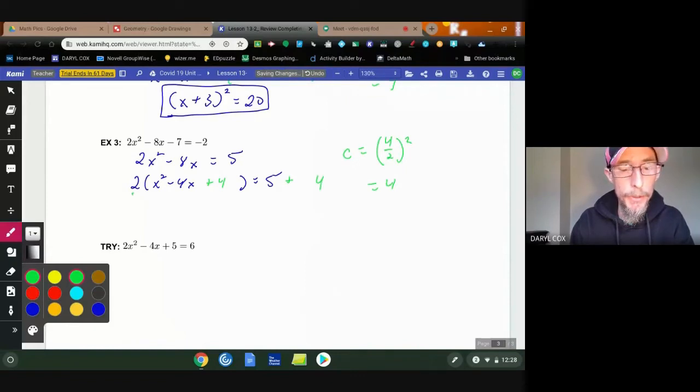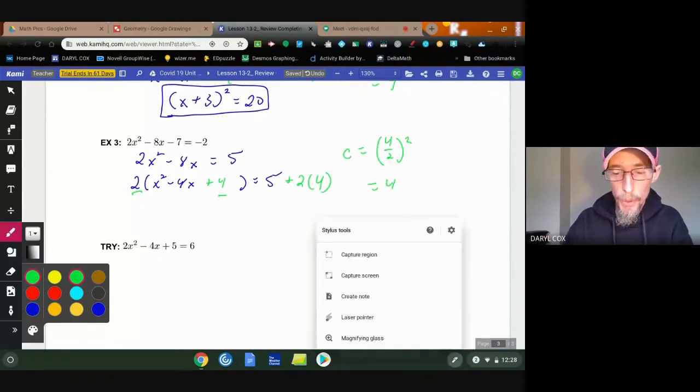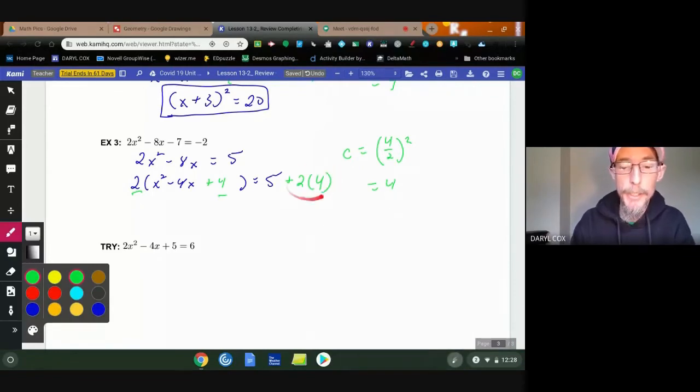I'm adding 2 times 4. Okay, so what I'm doing is when I add to this side, I'm adding this term times what we factored out. Because what I've really added in this is the 8. 2 times 4 is 8. So I've got to make sure I add that to the other side as well. That's why we're doing that.